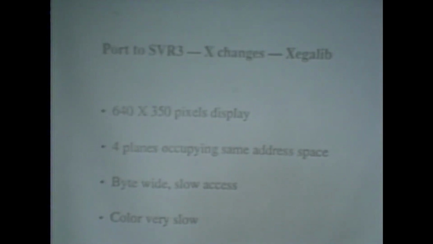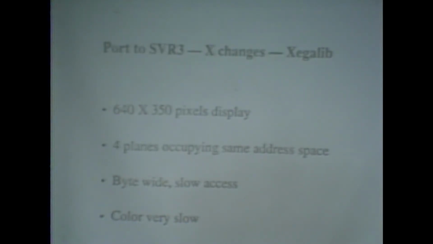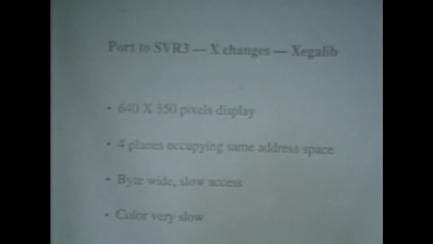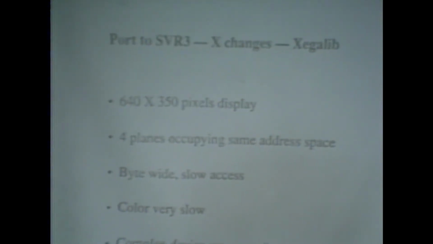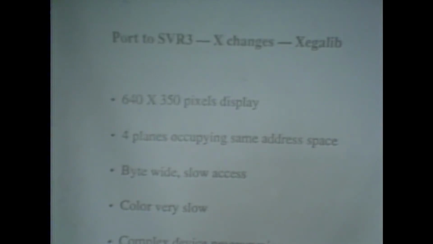And it also is sort of inherently slow because it's designed so you don't have to wait for retrace or blanking to do updates, which implies that it inserts wait states as necessary to coordinate the activities of the CRT controller and the main processor. So when you have a very fast processor trying to drive this thing, we have sort of a bottleneck there actually getting to the display.